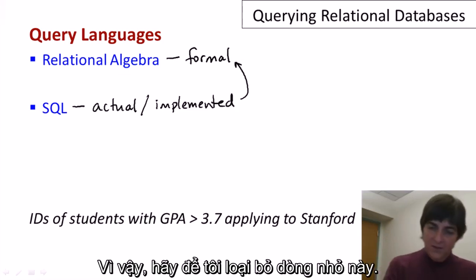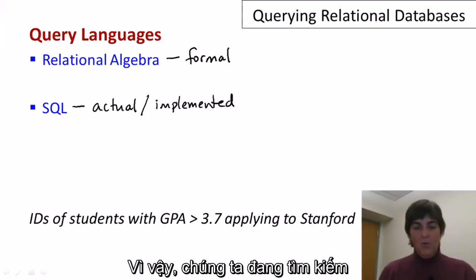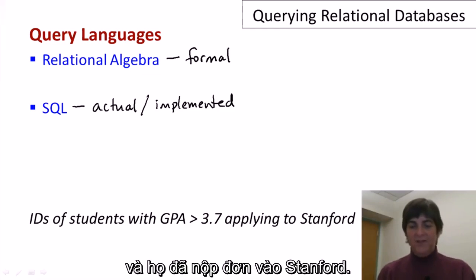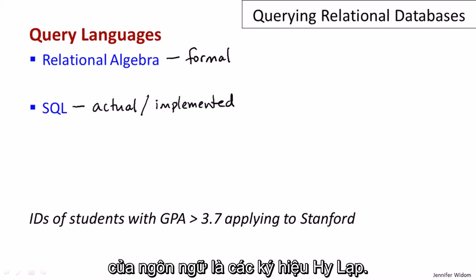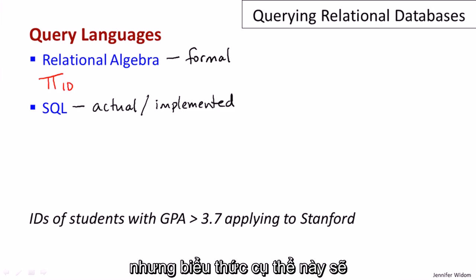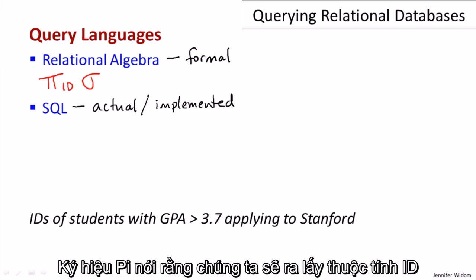So let me get rid of this little line here. Let's start in relational algebra. We're looking for the IDs of students whose GPA is greater than 3.7 and who have applied to Stanford. In relational algebra, the basic operators of the language are Greek symbols. Again, we'll learn the details later, but this particular expression would be written with a pi followed by a sigma. The pi says we're going to get the ID.